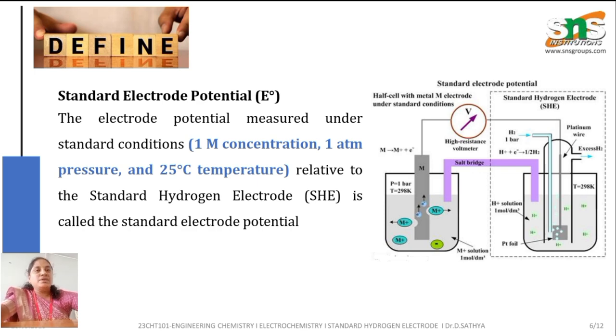So in the two half cells, one half cell is SHE and the other half cell is the zinc electrode. The anode and cathode give the overall reaction. The electrode potential is measured under standard conditions, that means 1 molar concentration, 1 atmospheric pressure and 25 degrees Celsius temperature. Relative to the standard hydrogen electrode, it is called the standard electrode potential.